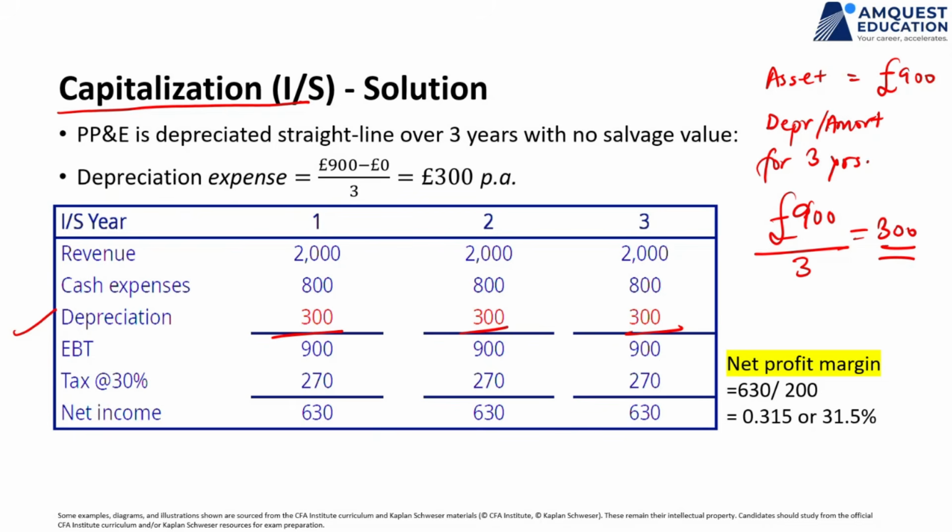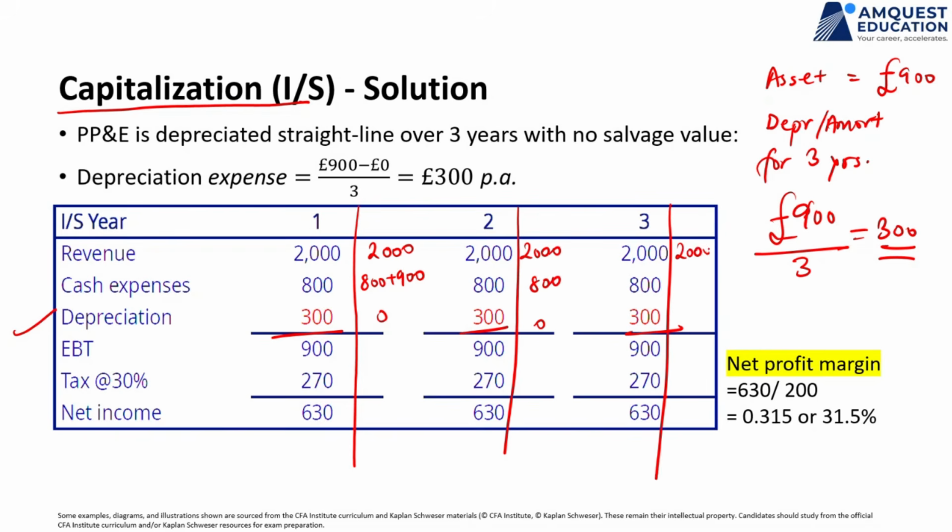So rather than doing all the 900 here, if I have to do expensing, I will do it like this: 800 plus 900 and 0. So I've created it parallelly for you. So this is expensing.